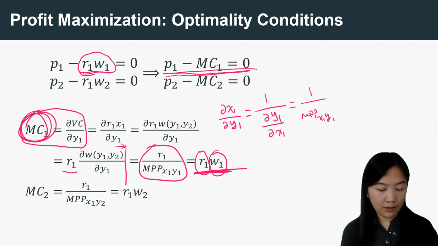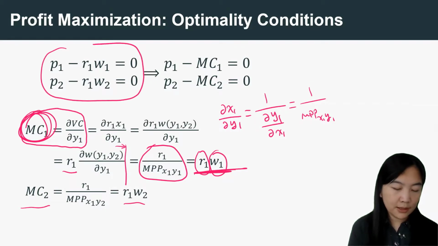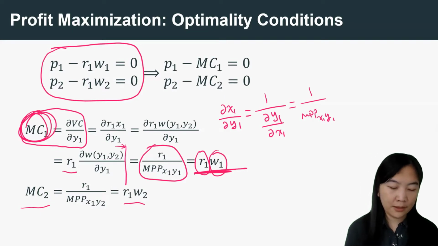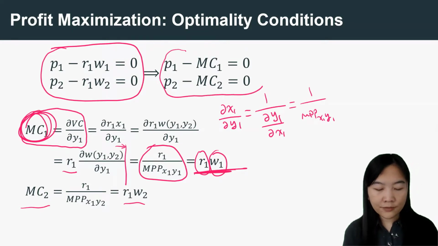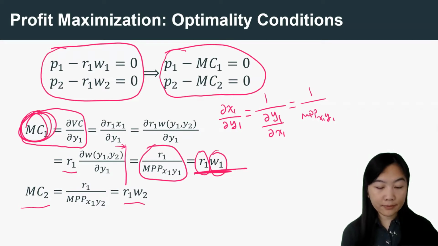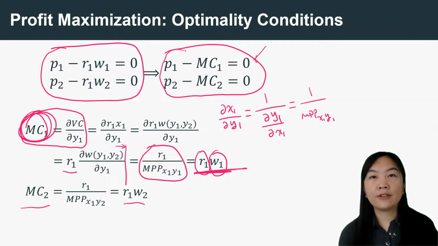And similarly, you can also derive MC2 equals R1 W2. Although at first this optimality condition is not familiar, or doesn't look like it makes sense, after we derived the marginal cost for those two outputs, we ended up with a condition that we're very familiar with since elementary economics, which is marginal revenue equal to marginal cost.